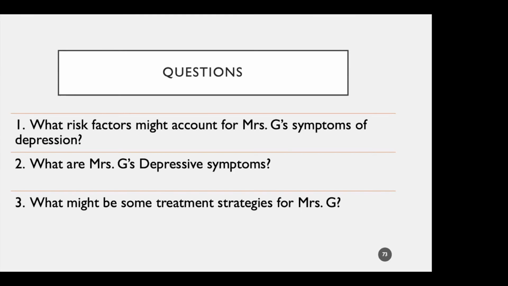Okay. So what might be some risk factors for these symptoms? I can see someone has put down what are the depressive symptoms. They put she's not eating, she's crying. Risk factors is her recent fall, her isolation, lack of social support. I'm seeing all of that.